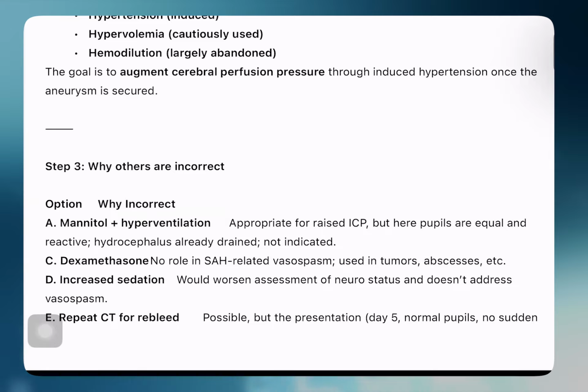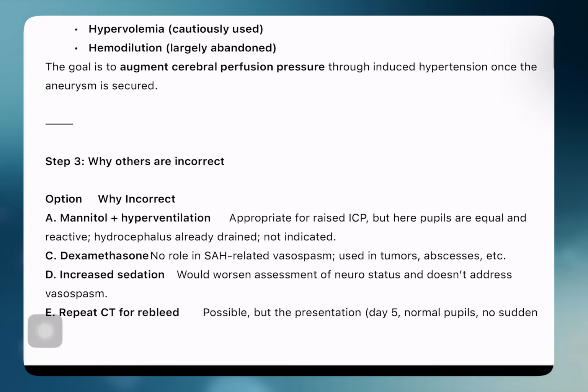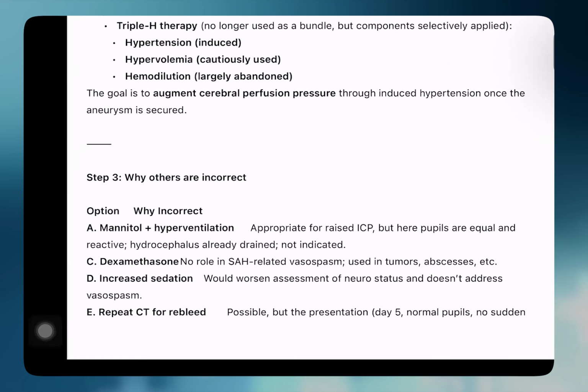A repeat CT, yes, but immediately what you have to do is give them nimodipine and increase the cerebral perfusion pressure. So you can always get a repeat CT done to check a rebleed, but with a late presentation, day 5, usually rebleeds don't occur, and with normal pupils, it's literally out of question.